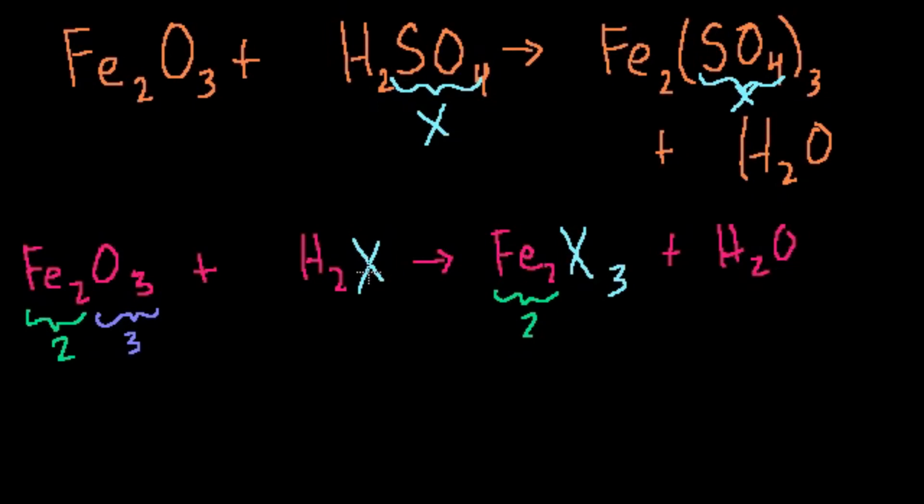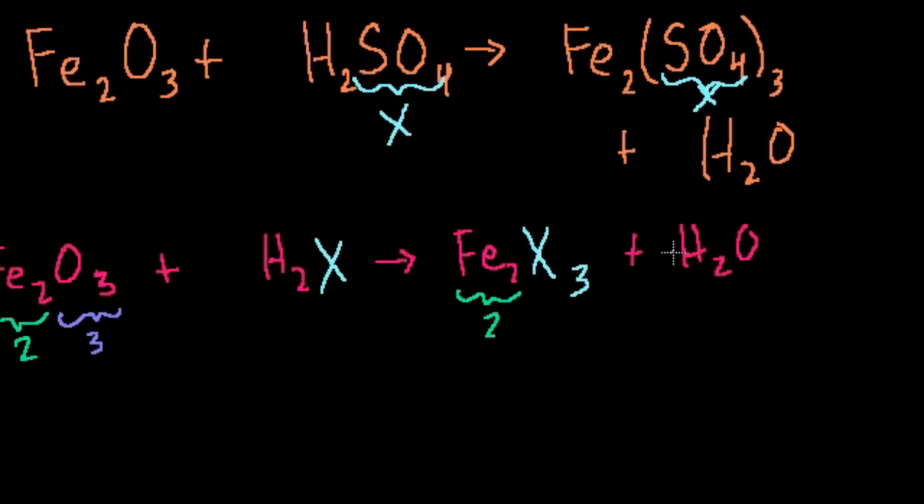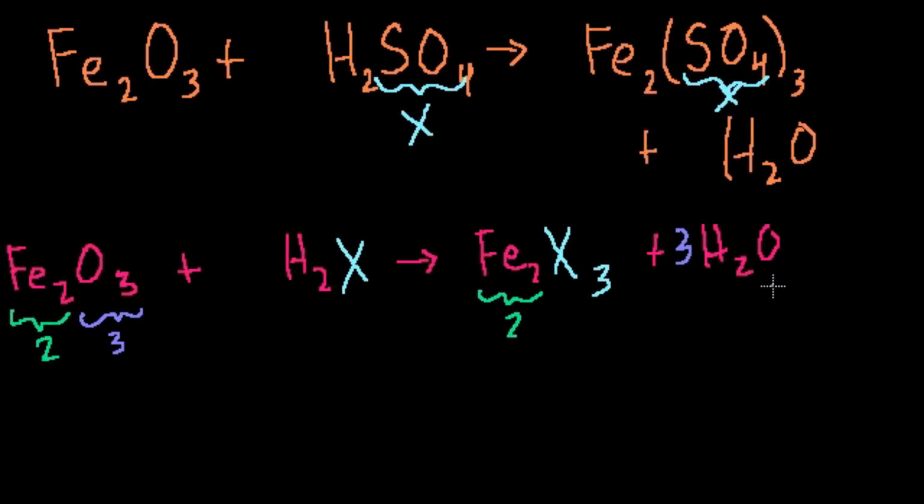And remember, there were some oxygens in this X group, but the sulfate group stayed together, so we can just treat those separately. So if we want to have 3 oxygens on the right-hand side as well, let's stick a 3 here. Sometimes my pen tool malfunctions. So now we have 3 oxygens as well.